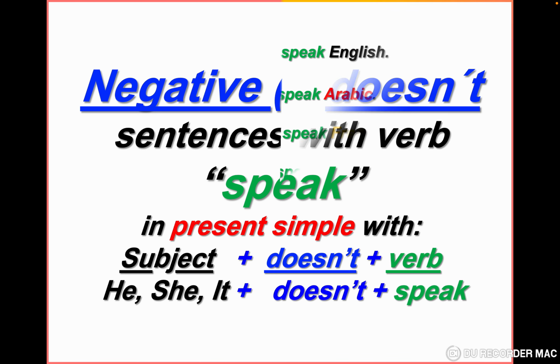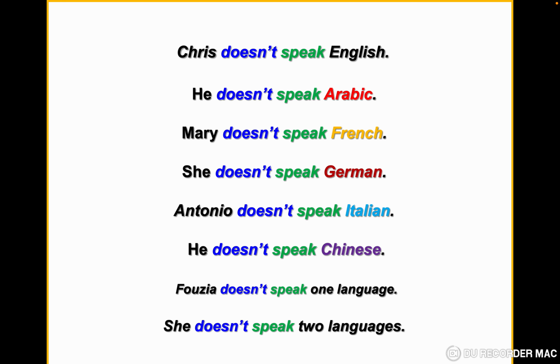The negative form. Chris. We don't pronounce this word "Chris" with a ch sound. In some words ch is pronounced k. So this word is Chris. Chris doesn't speak English. He doesn't speak Arabic. Mary doesn't speak French. She doesn't speak German.